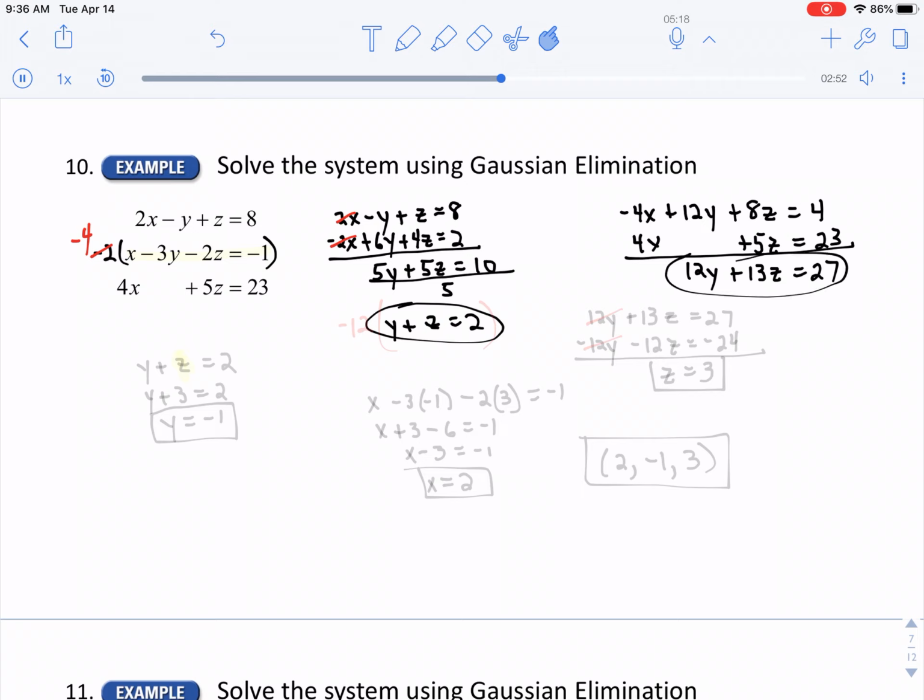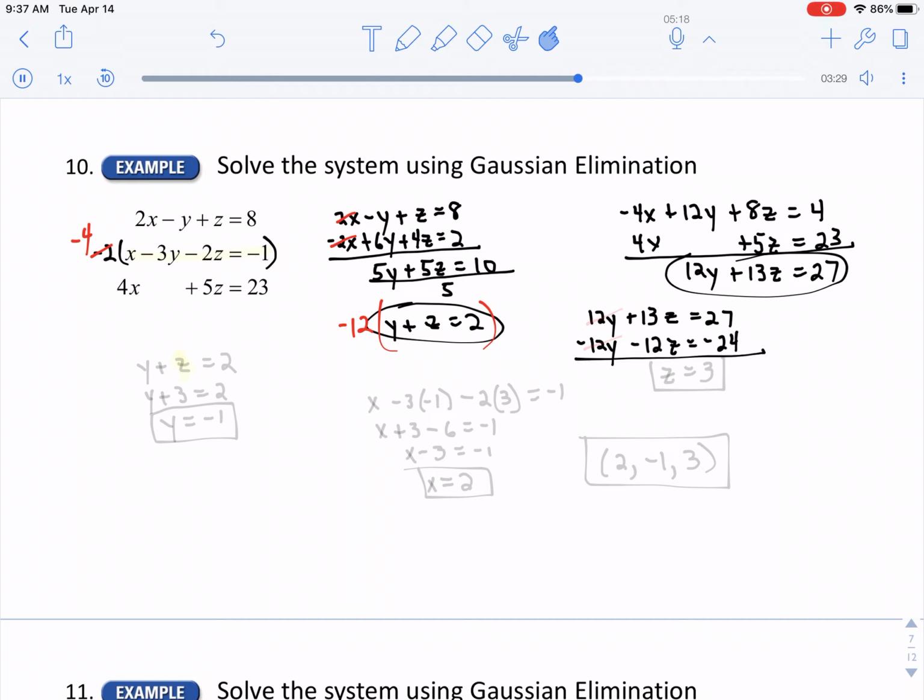Now, step 3 is to put those two together. I'm going to bring down the 12y plus 13z equals 27. I'm going to take the first equation, y plus z equals 2, and multiply it by negative 12 to eliminate the y. That gives me a negative 12y minus 12z equals a negative 24.